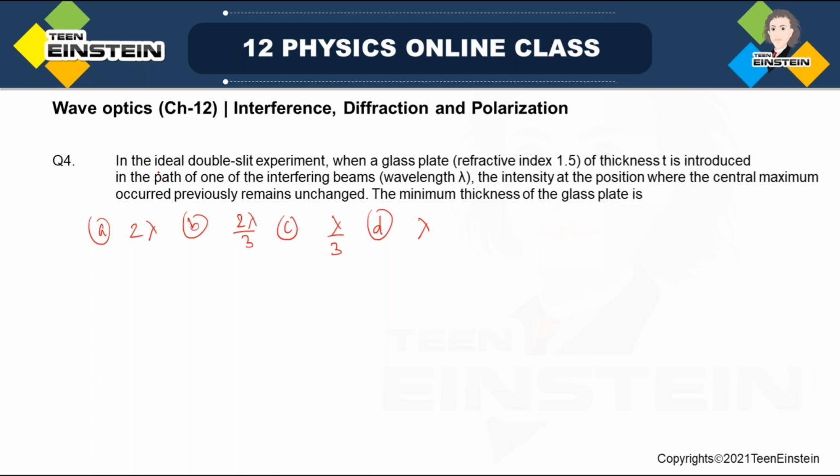So in this question, in an ideal double slit experiment, a glass plate having refractive index 1.5 of thickness T is introduced in the path of one of the interfering beams. So you can think like this.